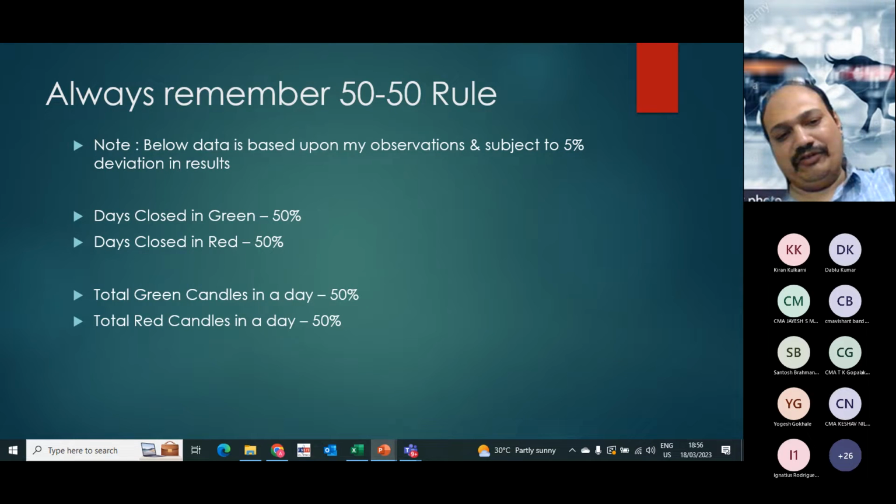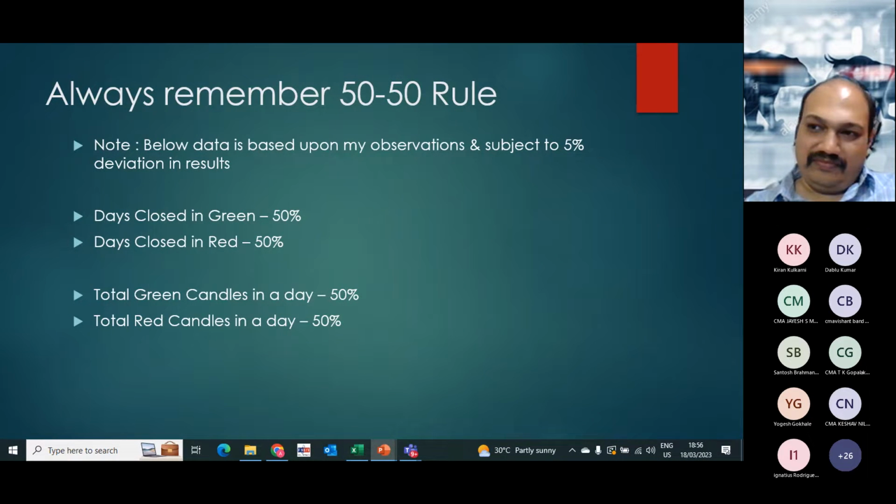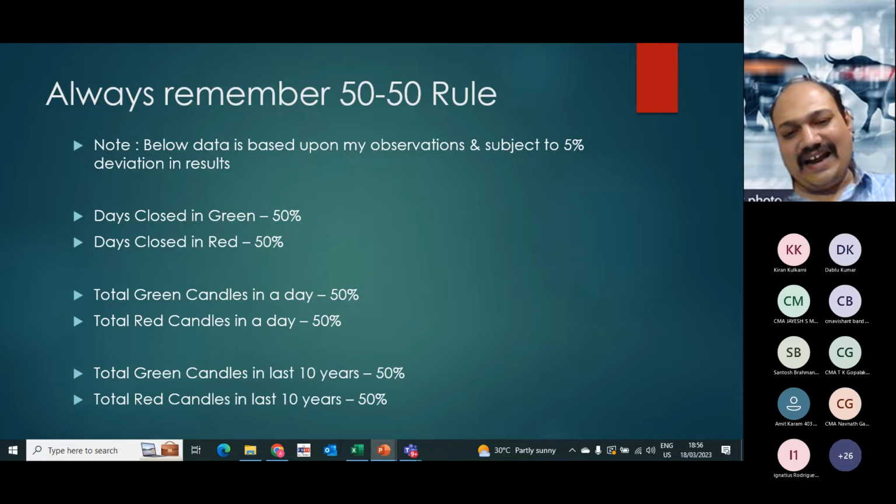Total green candles in a day are 50%, total red candles in a day are 50%. So bull and bear both get an equal chance every time. Total green candles in the last 10 years and total red candles in the last 10 years are also 50-50. So always remember this 50-50% rule, in a bull market as well as a bear market.